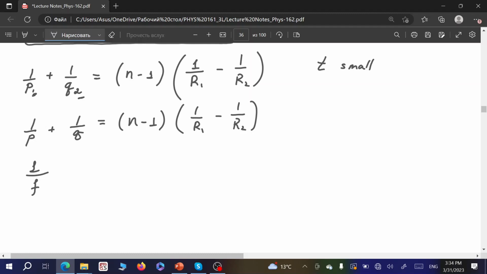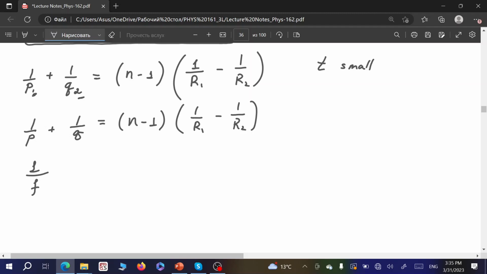How do we get to this focal distance? Again, if we consider rays which are traveling towards the lens exclusively parallel to the principal optical axis, then they all will converge in one point. That point is called the focus of the lens, and the distance from the lens to this point is the focal distance.